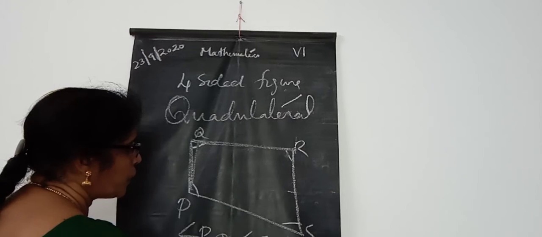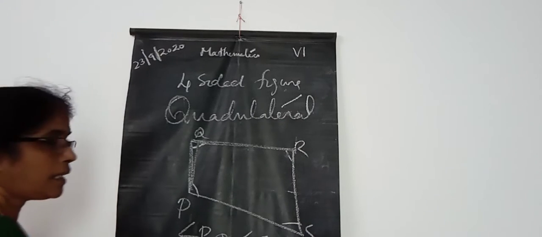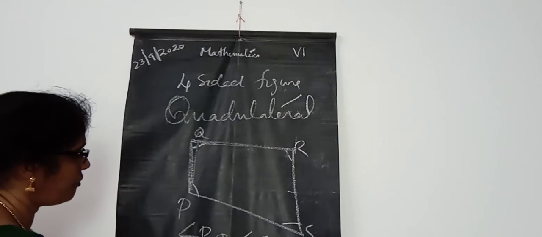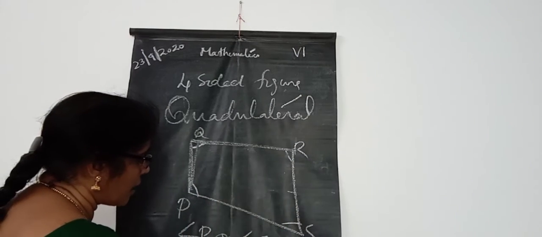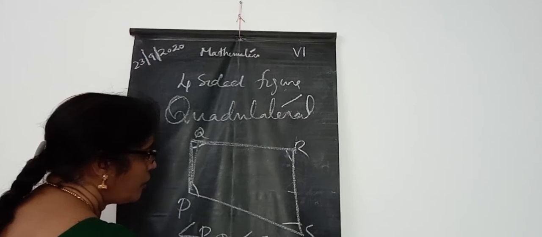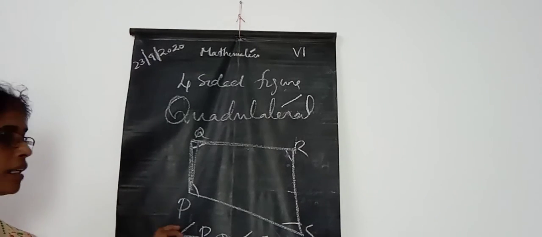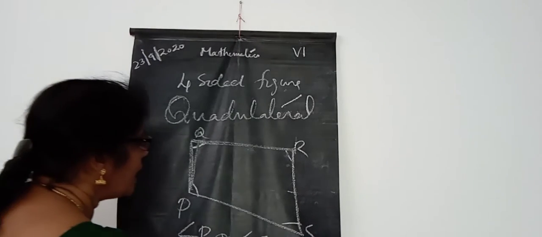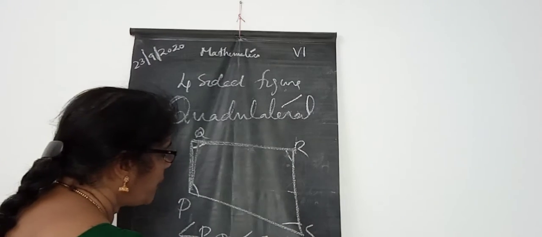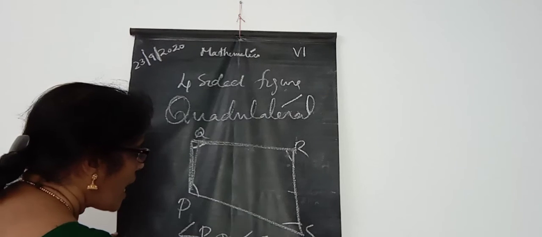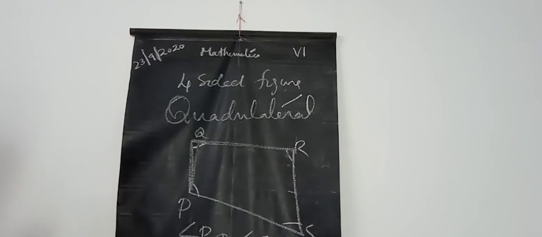Next one is angle S, angle PSR. Look here, when we write the angle's name, the middle letter is the angle: in SPQ, P is the angle, in PQR, Q is the angle, and in PSR, S is the angle.